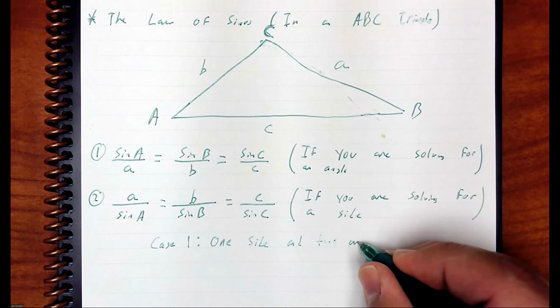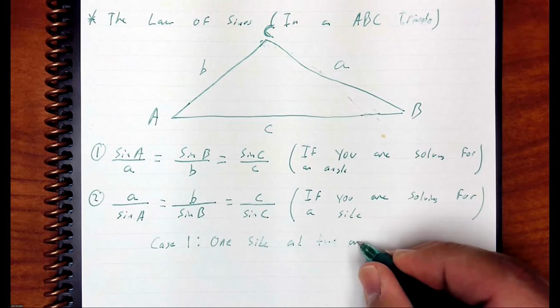So basically, if the question is giving you two angles and a single side, then we have case one. Okay, and then the book calls it angle side angle or side angle angle. Because if you have two, you can solve for the third, right? Really easily. Because those rules still apply. Sum of 180 for all angles is still true.